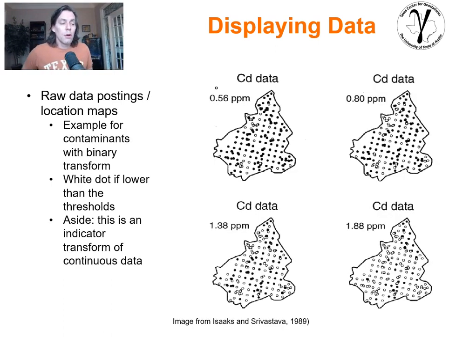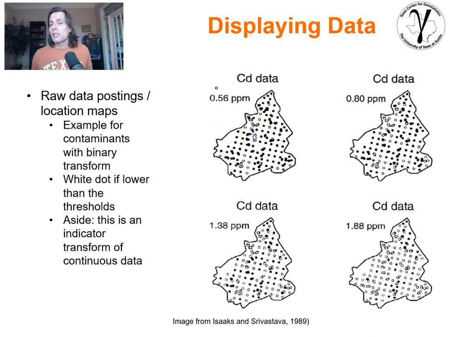If you look at the original book, Introduction to Geostatistics by Ed Isaaks and Mohan Srivastava, a really great book I recommend, they have this example where they took a contaminant concentration sampled over locations and applied what they call an indicator transform.